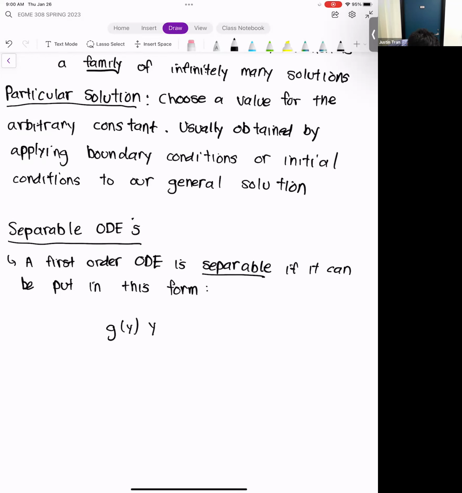Let me define some of the terms in here. First, we have g of y, and this is a function of just y. On the right-hand side, we have f of x, and f of x, by contrast, is a function of only x.